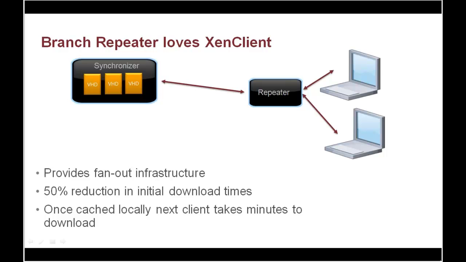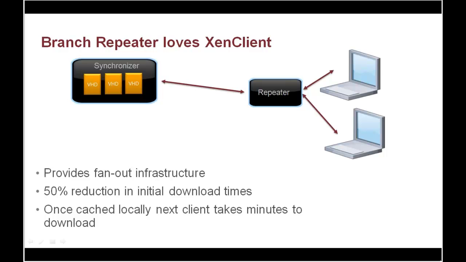We did some neat testing where we set up and simulated a 12 meg link, and we did 100 milliseconds of latency, and we injected some packet loss. We downloaded a Windows 7 image over this link, and it took 2 hours without the repeater turned on. Then we turned it on, and it dropped to an hour.